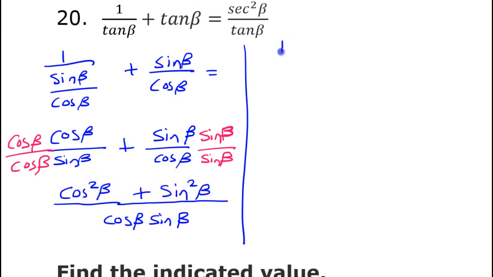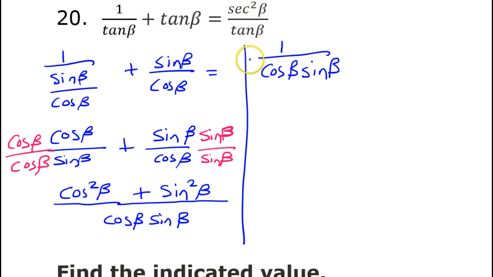So that's going to give me 1 over cosine beta sine beta. Alright, so I basically have simplified this right now. Now I just need to massage it to make it become secant squared beta.